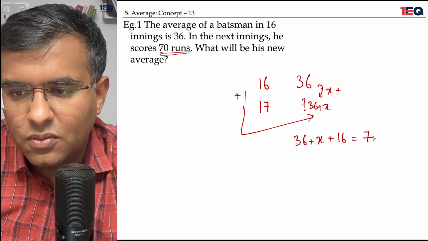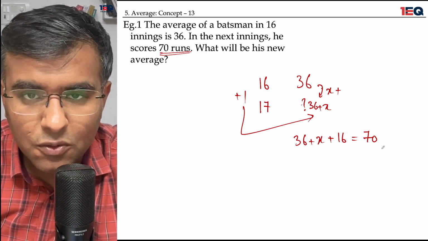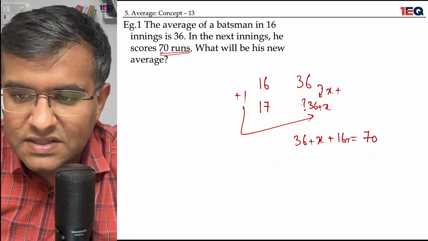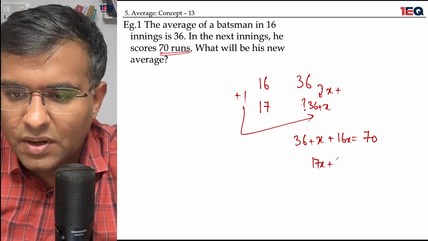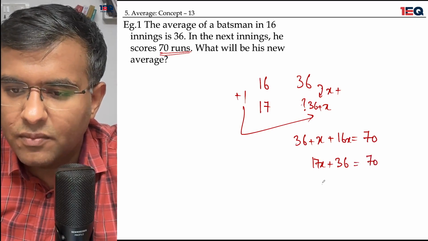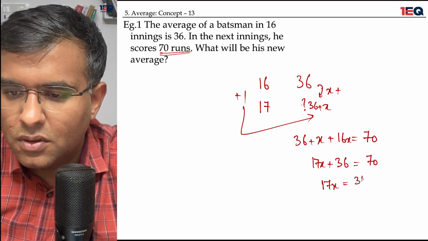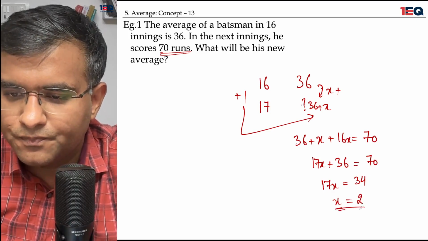This is equal to the 70 runs which he scored in extra. This is nothing but 16x. So I have 17x with me plus 36, which is equal to 70. So the value of 17x is equal to 34, and the value of x comes out to be 2.